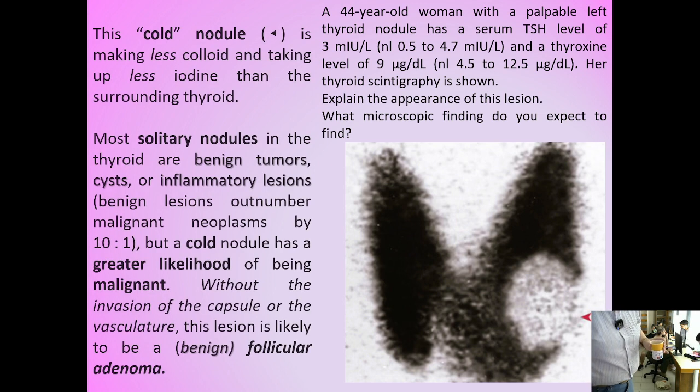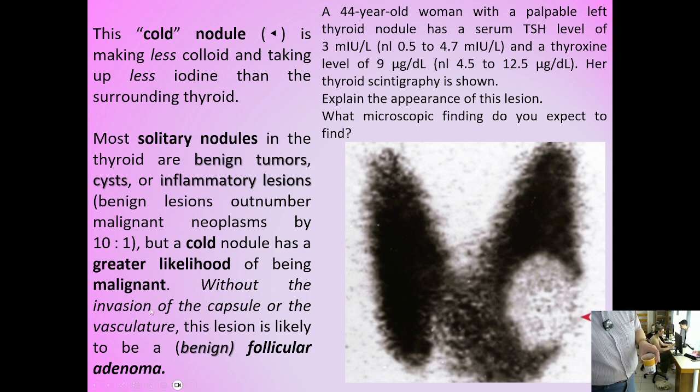So here we have a cold nodule making less colloid and taking less iodine than the surrounding thyroid tissue. However, most solitary nodules are benign, either cysts or inflammatory lesions, but when a nodule is cold, it is suspicious, not necessarily cancerous, but it is suspicious for cancer.